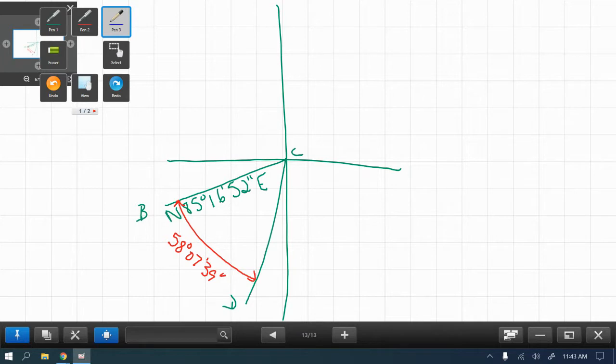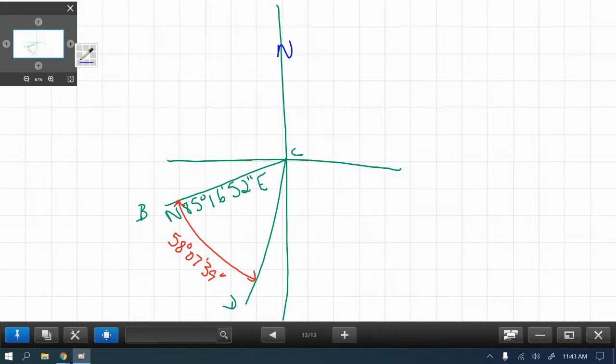What quadrant is B to C in? What quadrant? 4. Look again. Oh, 3, excuse me. Okay. So that means we know what this angle right here is. That's at 85 degrees.